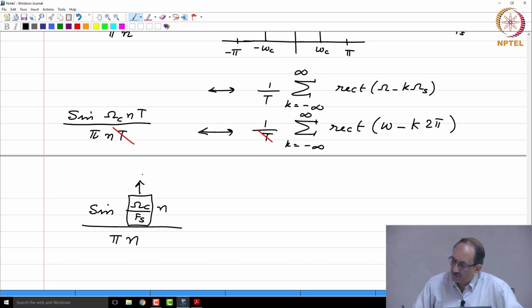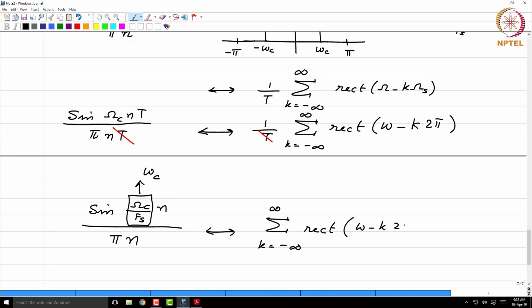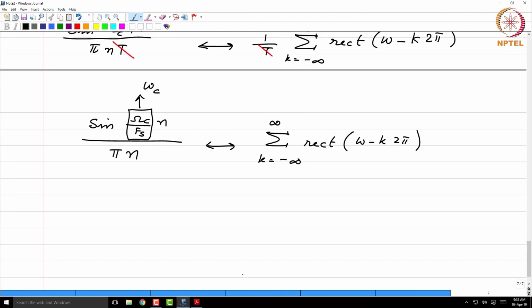This by definition is now little ωc, and hence this has this.